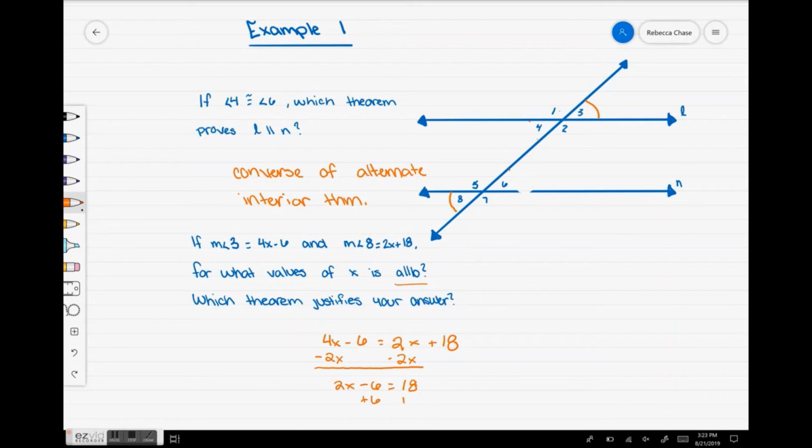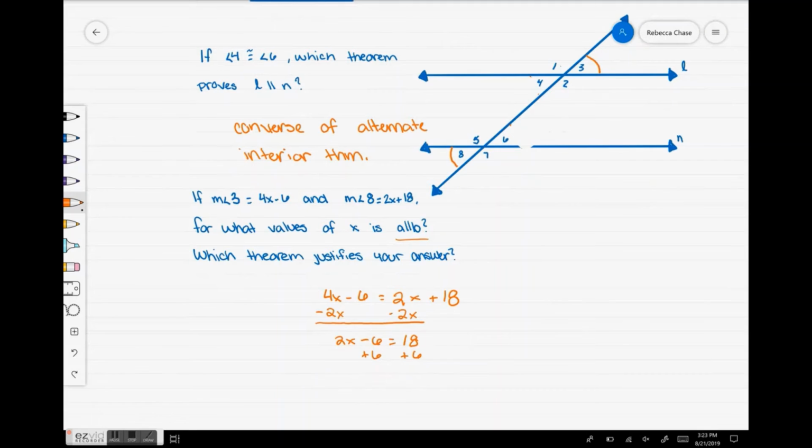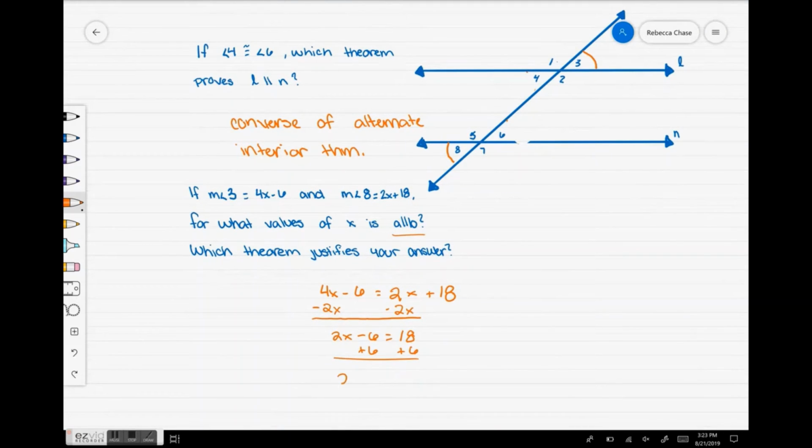Add 6 to both sides, and I get 2x equals 24. Divide by 2. X equals 12. So what that means is when x equals 12, angle 3 is going to equal angle 8.